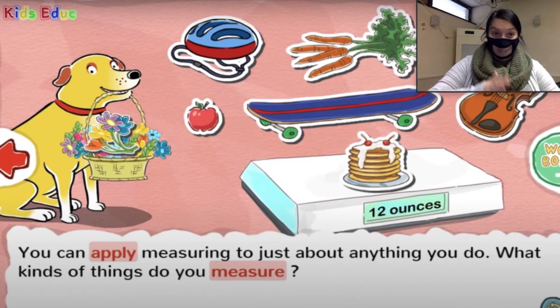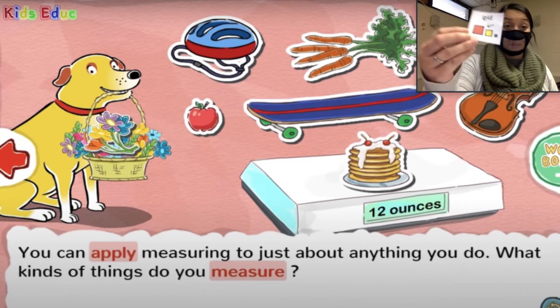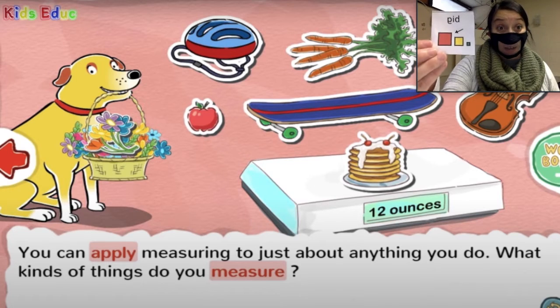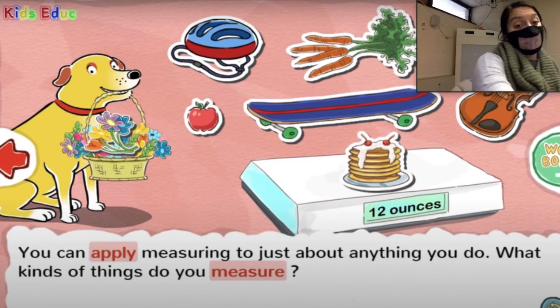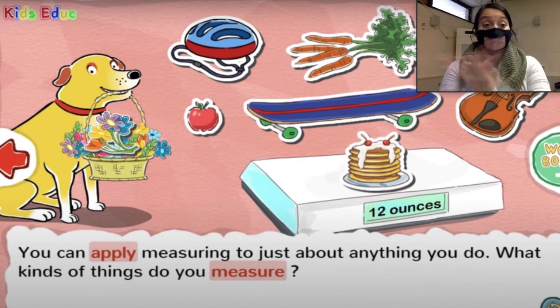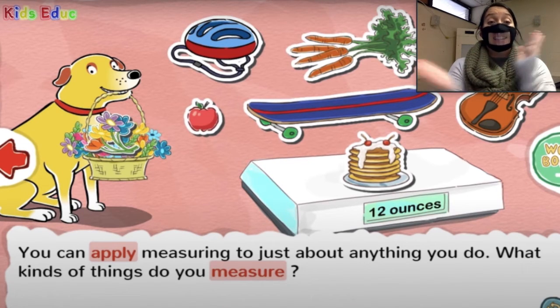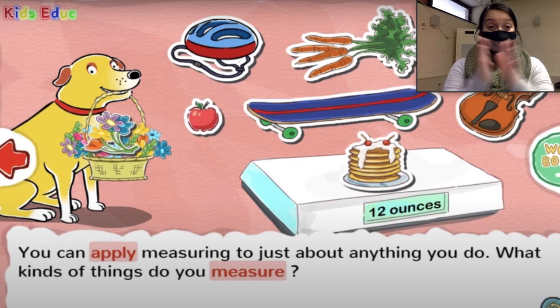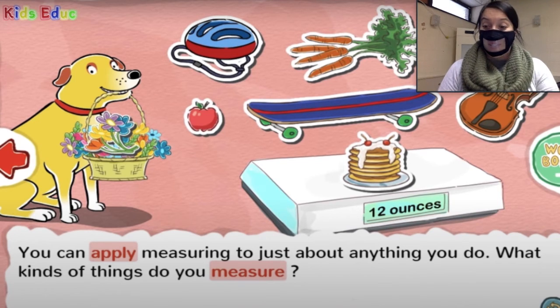Pancakes! Yummy, yummy. Pancakes were bigger than the apples, right? Bigger than the apple. We can count to 12. 1, 2, 3, 4, 5, 6, 7, 8, 9, 10, 11, 12.